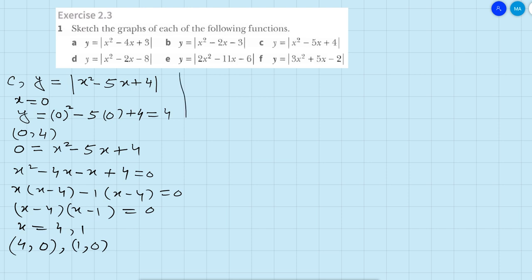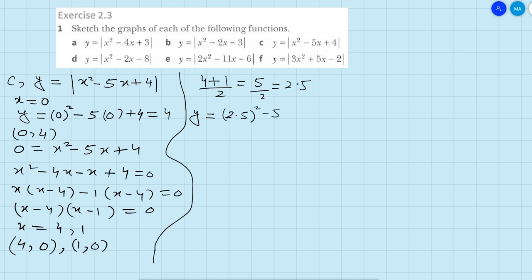After this, we have to find the coordinate of maximum or minimum point. Just take both the values of x, add them and always divide by 2. 4 plus 1 is 5 and 5 upon 2 is 2.5. Put this value of x 2.5 in the given equation without absolute value sign. So y is equals to 2.5 square minus 5 multiplied by 2.5 plus 4. Now you can take the help from the calculator to find the answer.